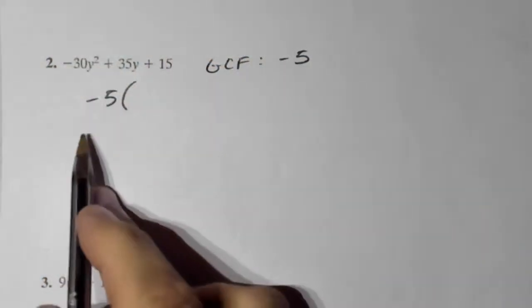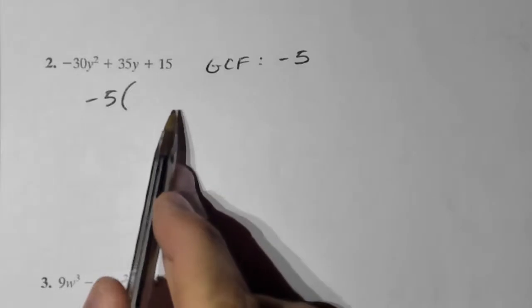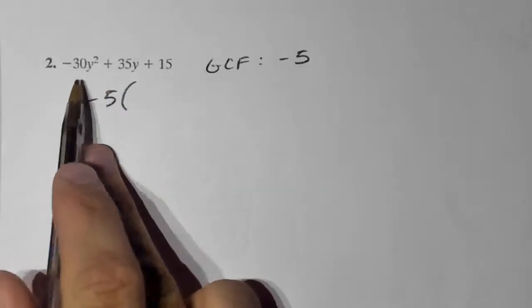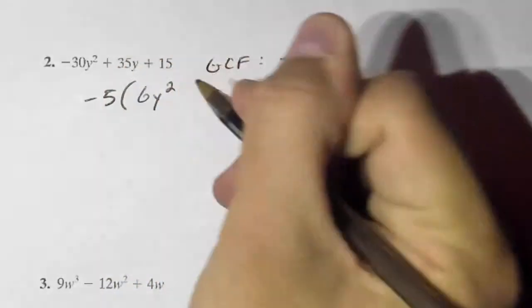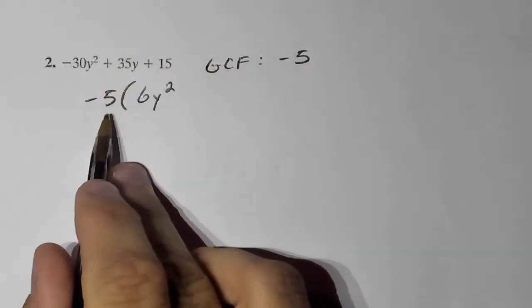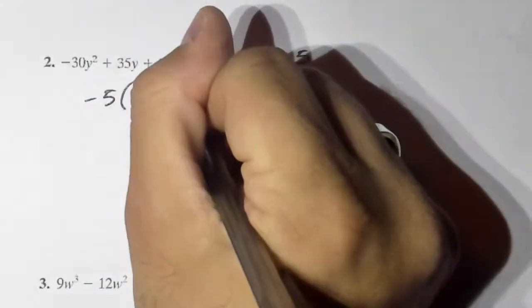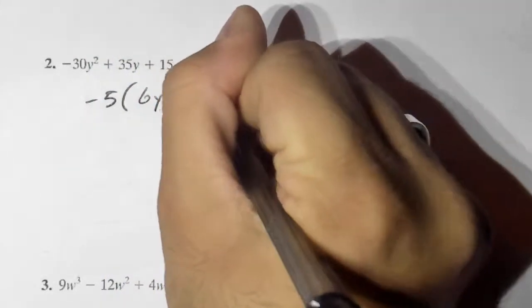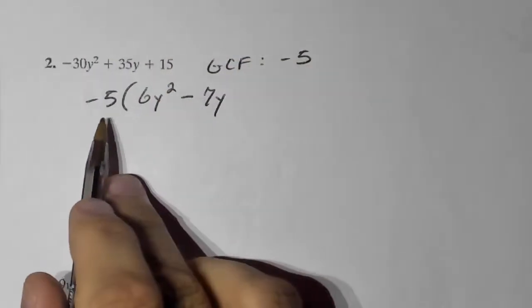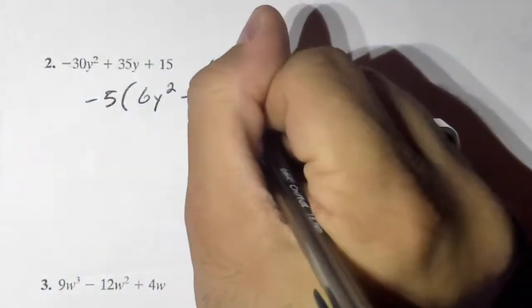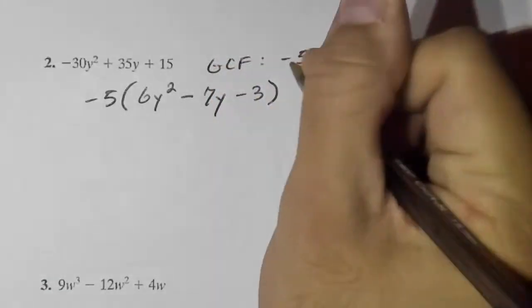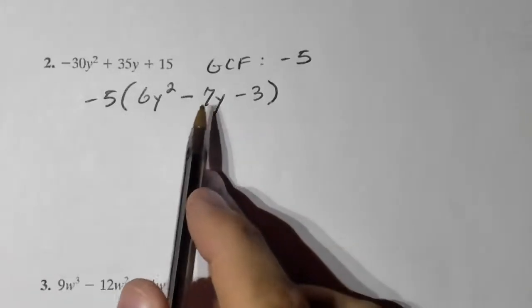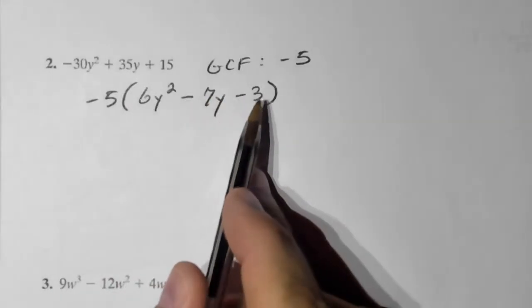So when we do that, negative 5 is factored out, and what's left is what multiplies to give us our original trinomial. So negative 5 times 6y squared, followed by a negative 7y, and a negative 5 times a negative 3 gives us our trinomial, and we need to see if this trinomial will factor further.